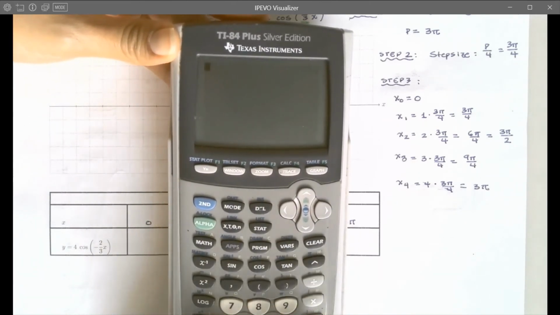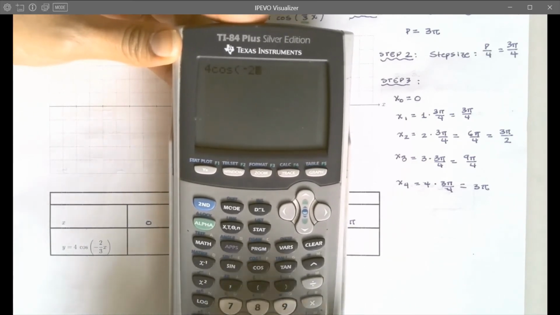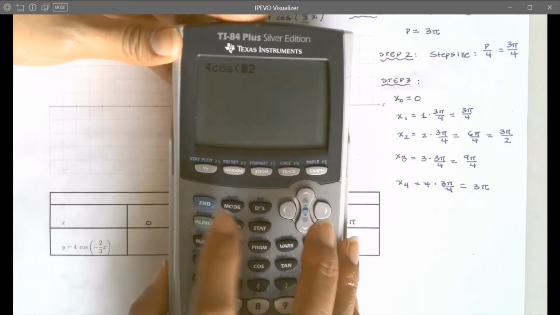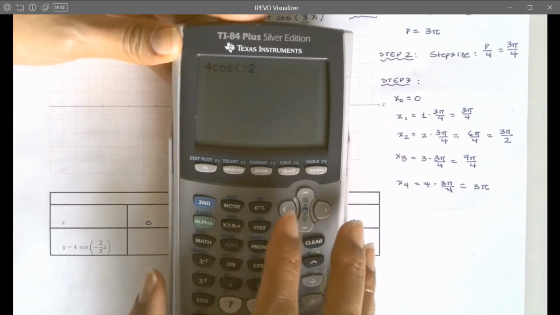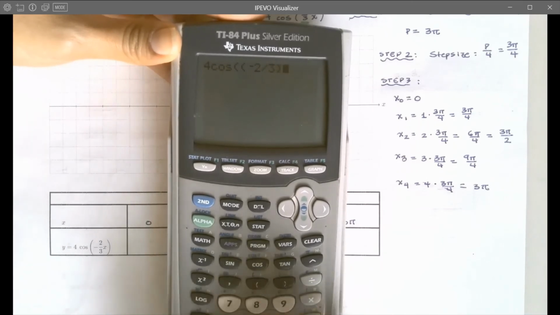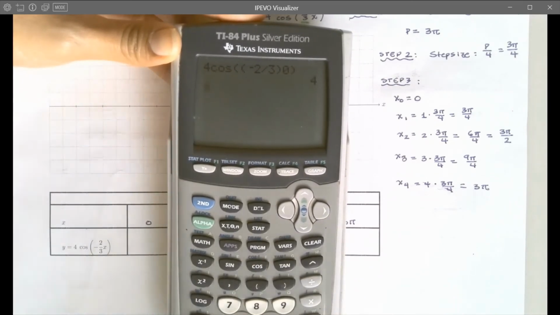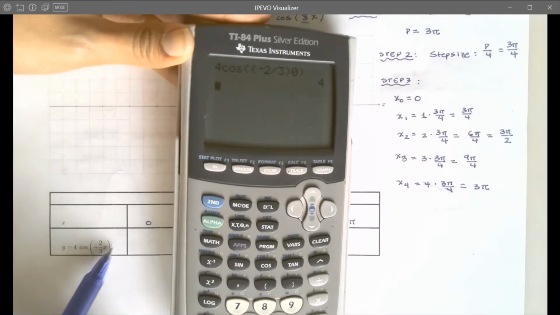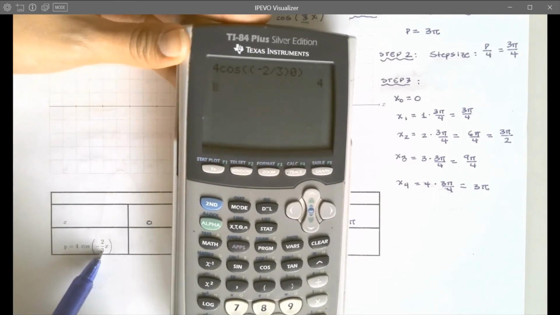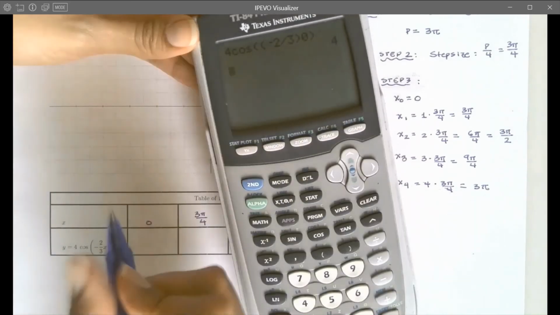So the first would be 4 times cosine of negative 2/3, and I'll make sure to include some parentheses in here, so negative 2/3 times 0, which is simply 4. Notice that makes sense because negative 2/3 times 0 is 0, cosine of 0 is 1, 4 times 1 is 4.